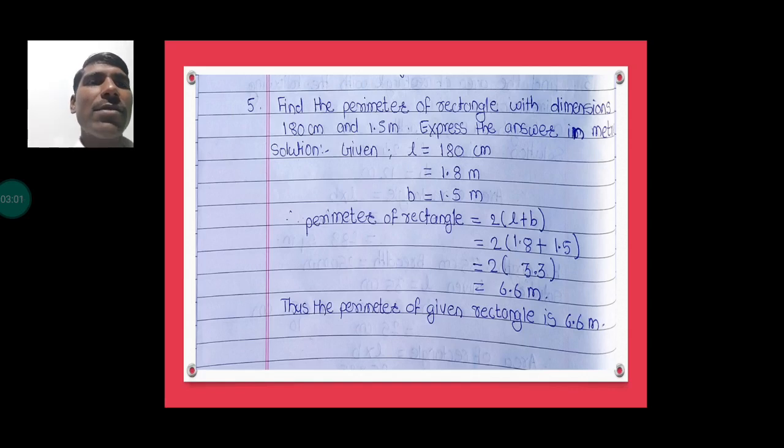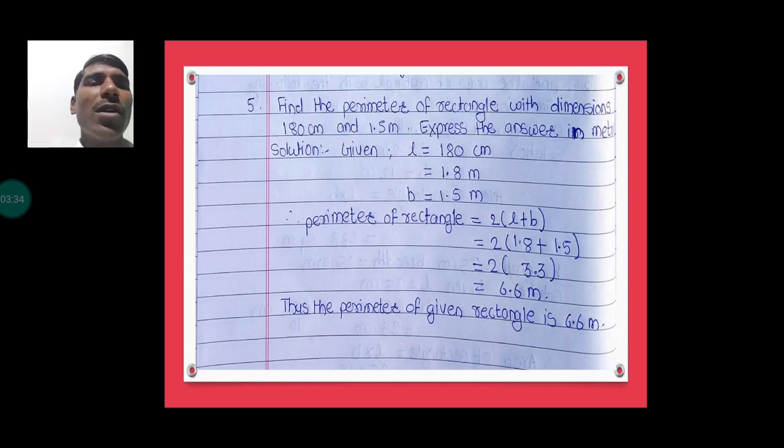Now next, breadth is equal to 1.5 meter. Now we are going to solve this example. As you are looking, both length and breadth are in the same unit, meter. Therefore the perimeter of the rectangle is equal to 2 in bracket length plus breadth. So 2 in bracket, the length is 1.8 meter plus 1.5 meter is the breadth, which gives us the sum 3.3.